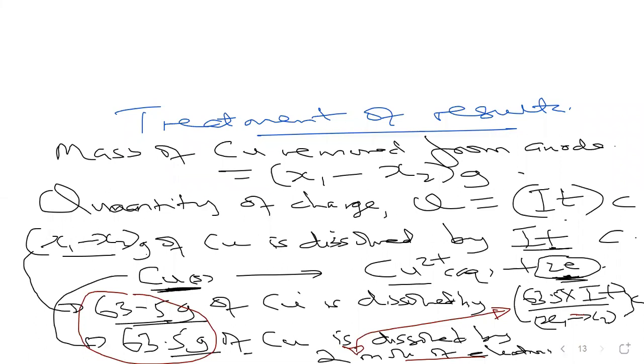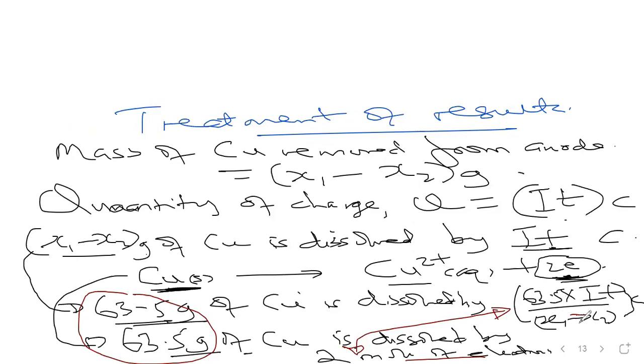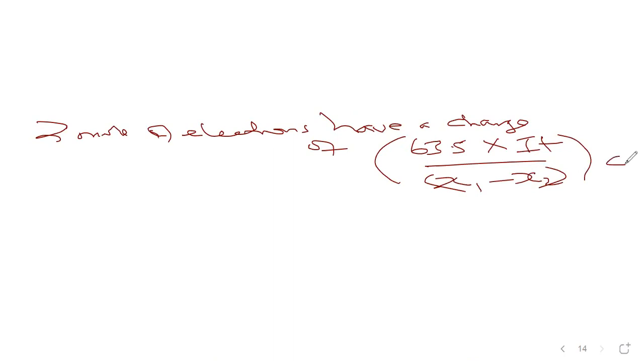Yes, teacher. So we shall say 2 moles of electrons have a charge of that value we have already calculated, 63.5 times IT over X1 minus X2 coulombs.